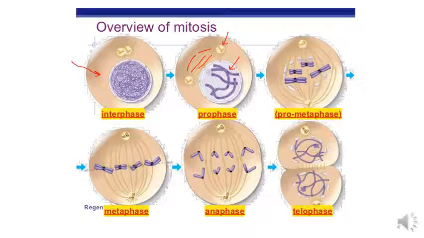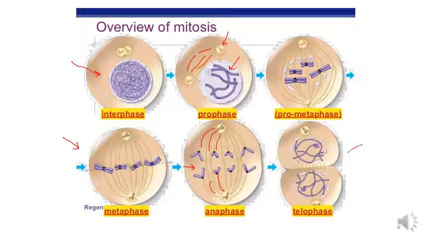Prometaphase is in between prophase and metaphase, but don't worry too much about prometaphase. In metaphase, the X shapes are right in the middle. In anaphase, the 2 lines of the X's have separated, and now they're moving to the opposite sides. The mitotic spindle, those ropes, are pulling them in opposite directions.